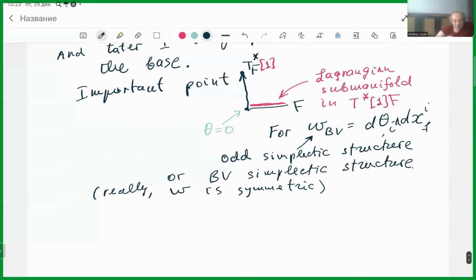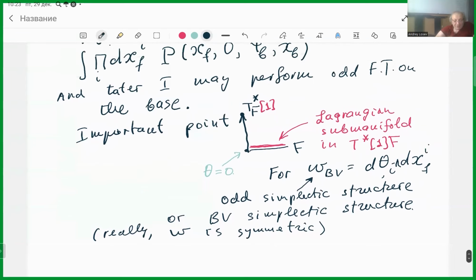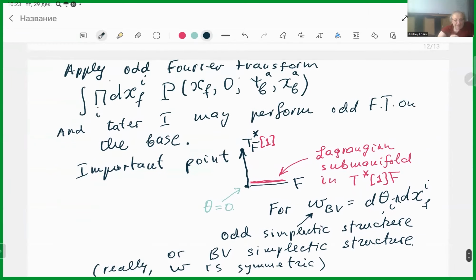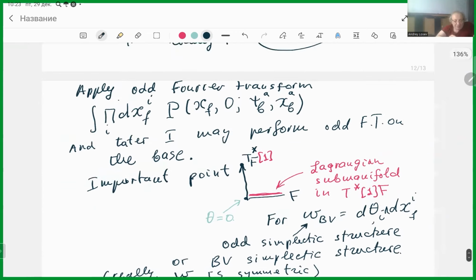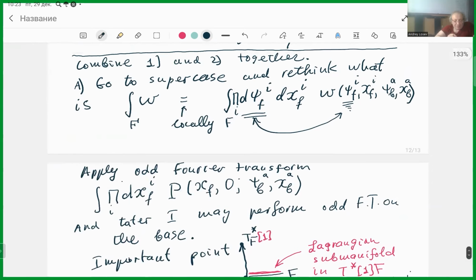So let me consider some cycle here. So I am going to take this formula that I call fiber integral, not functional, fiber integral.